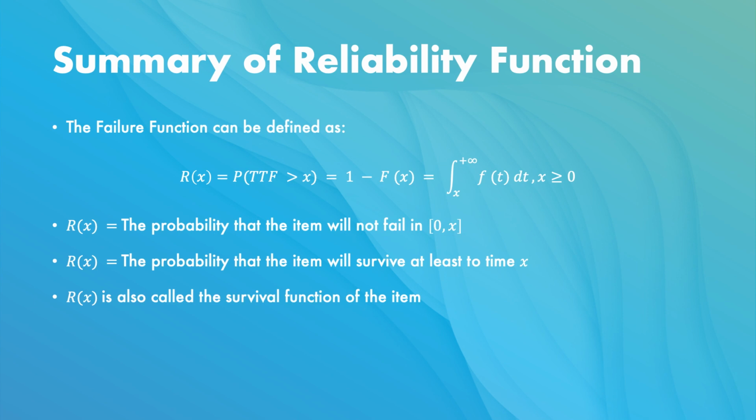That's why we don't have greater or equal, we have just greater. And it is 1 minus F of x, so it's the inverse of the failure function, and it's calculated as the integral to the right of x of the probability density function. It is also called the survival function of the item.